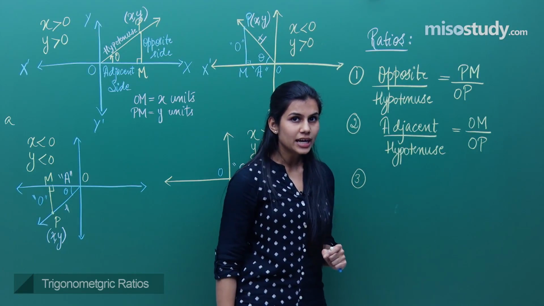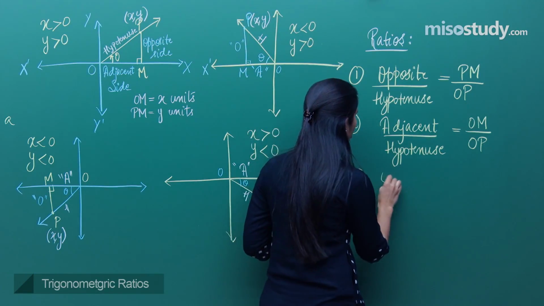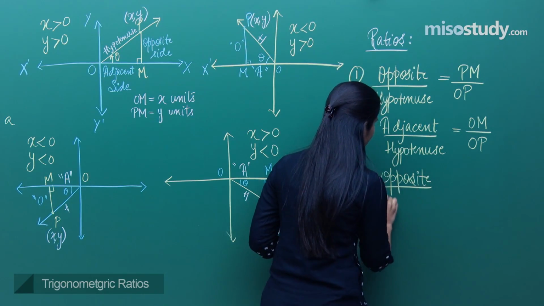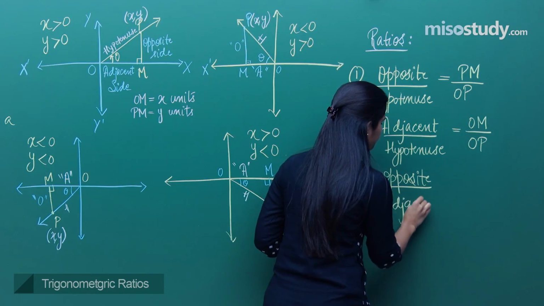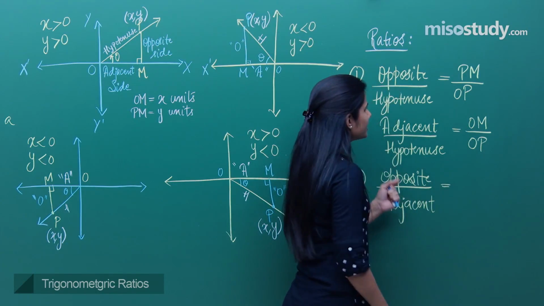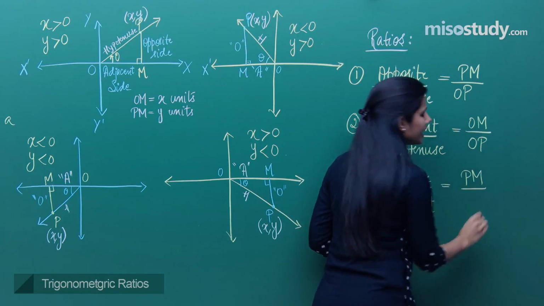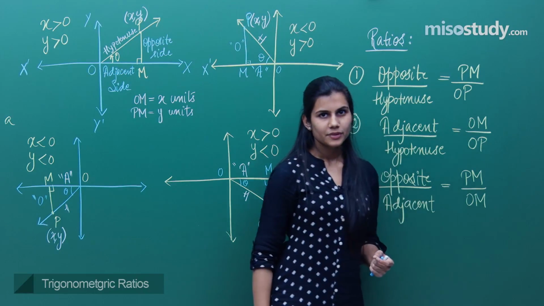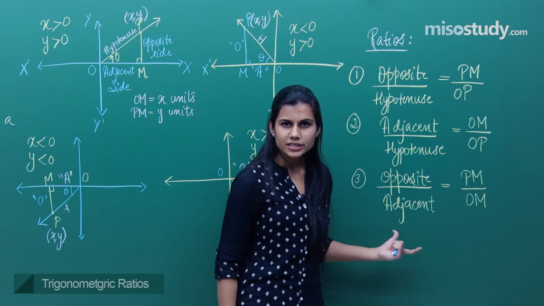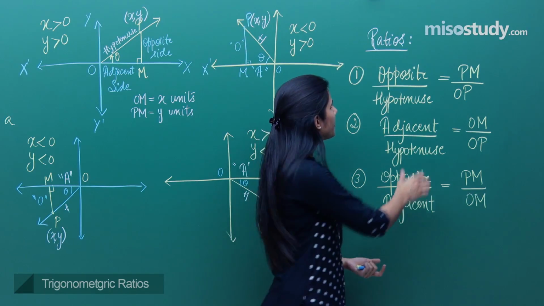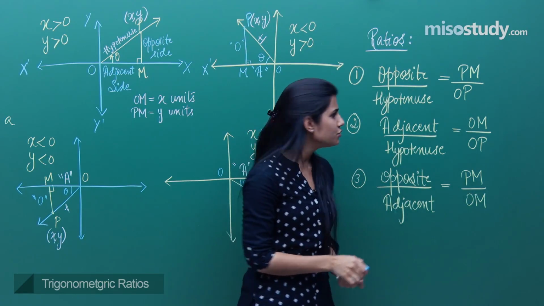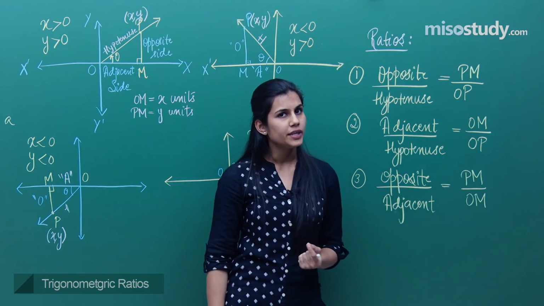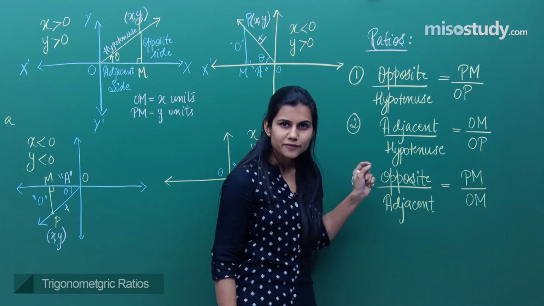The third ratio that I am interested in takes the ratio of opposite with the adjacent. What is the opposite side? Opposite side is PM and the adjacent side is OM. These three ratios in the first case I have defined of the opposite side with the hypotenuse, the adjacent side with the hypotenuse and the opposite side with the adjacent. This is what I have defined.